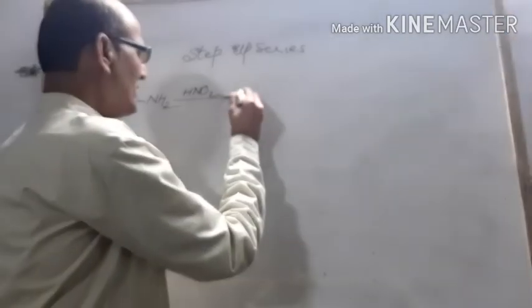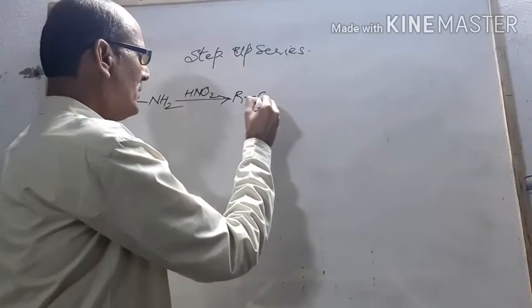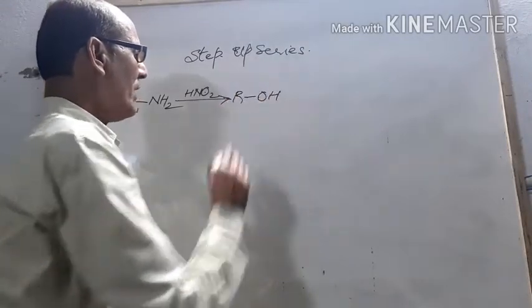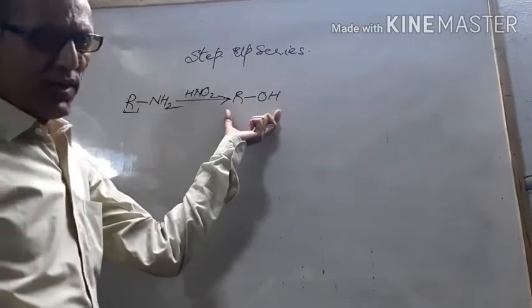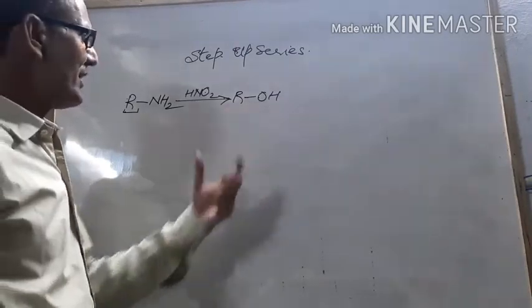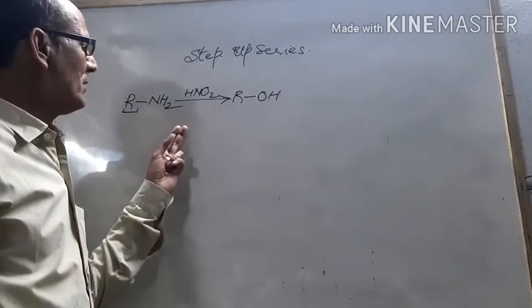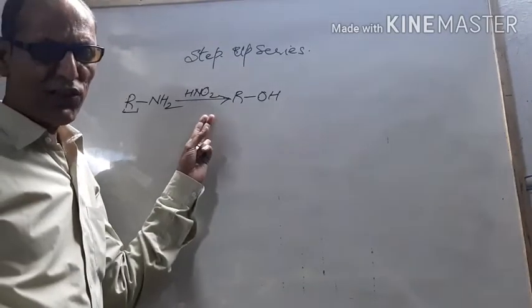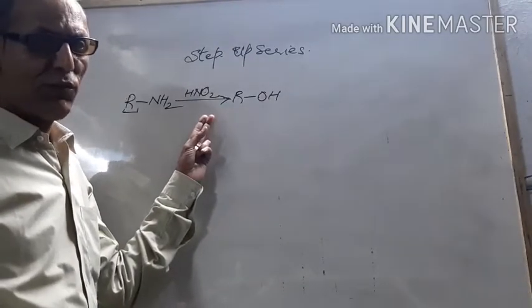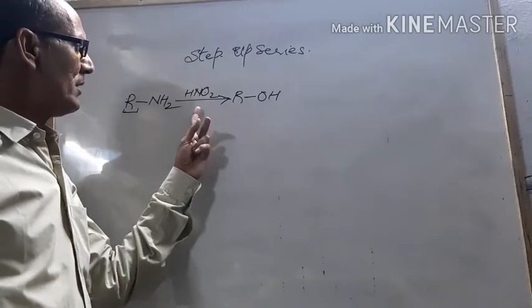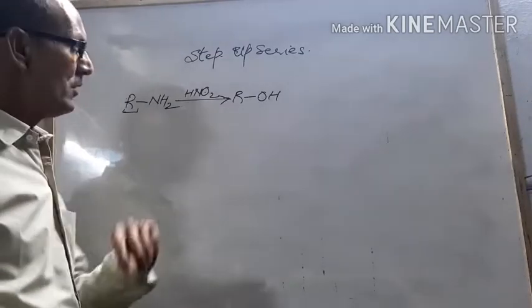This is the preparation of alcohol, which you studied in the alcohol chapter. Alcohol will form. Apart from the alcohol, nitrogen gas and water evolve. It is not compulsory to write the byproduct. If you want to write it, you can write it using a negative sign.